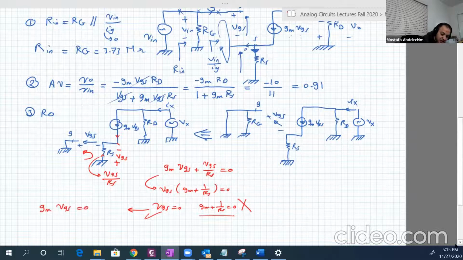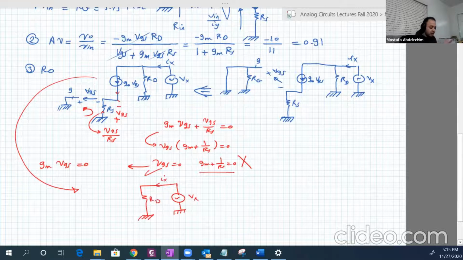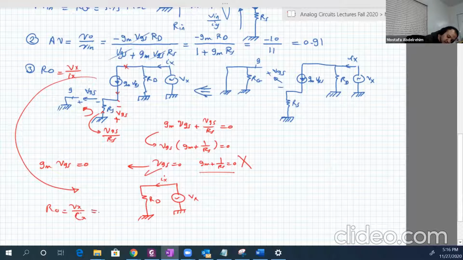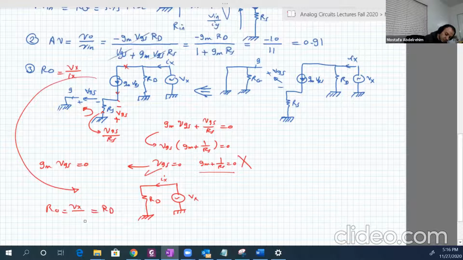So this whole circuit here can be reduced to the following: Vx, Ix, and RD. That's it, because now this guy is open circuit. So RO, which is equal to Vx over Ix, is just equal to RD, which is 10 kilo ohms.